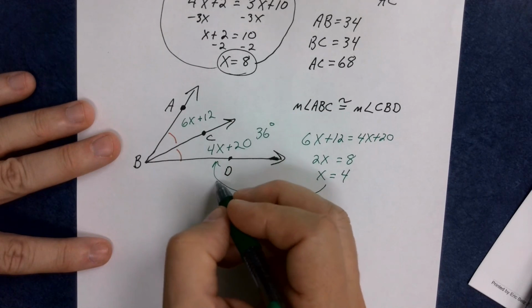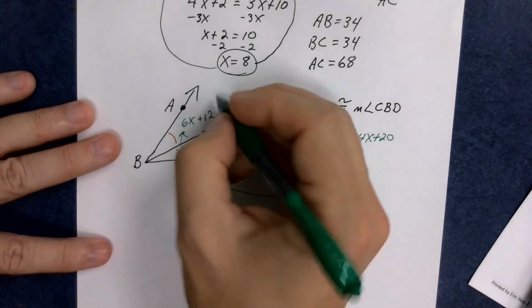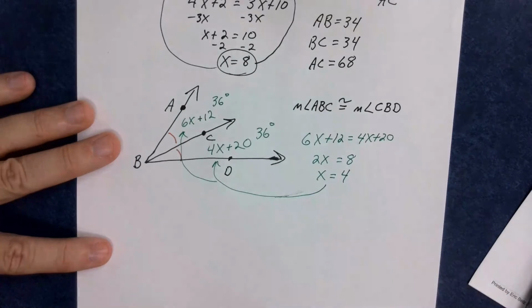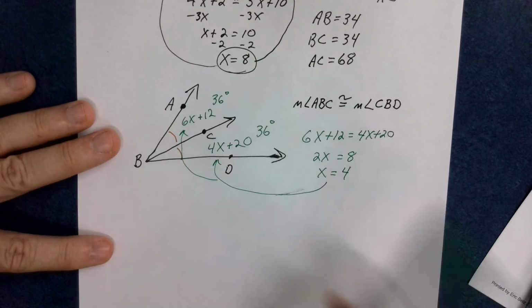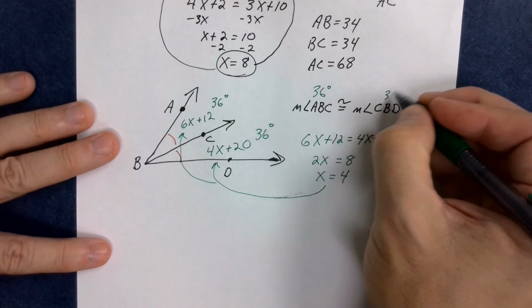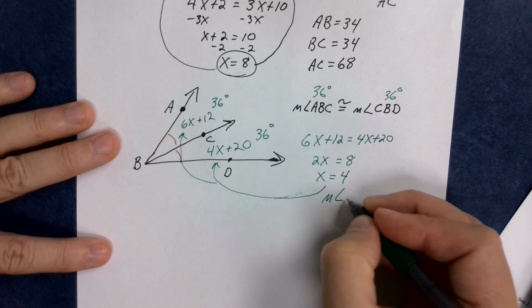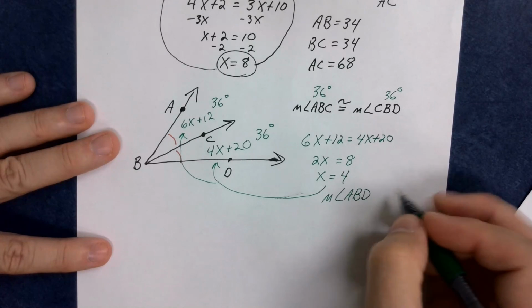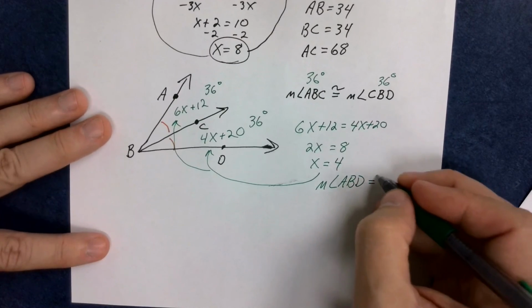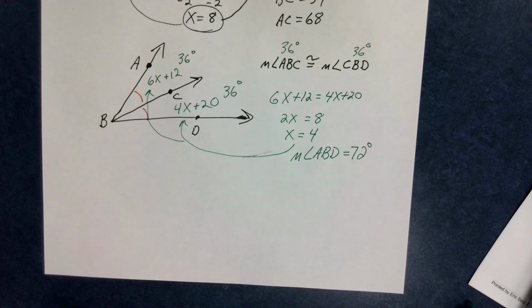I take 4 and I plug it into there. 4 times 6 is 24. 24 plus 12 is 36. And now I'd know that angle ABC is 36 degrees, angle CBD is 36 degrees, and angle ABD, the measure of angle A to B to D, is both of those put together, 72 degrees.